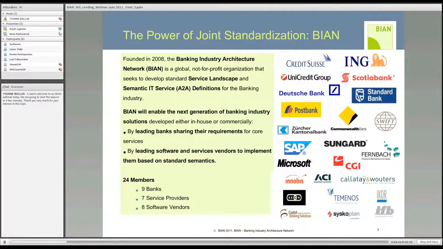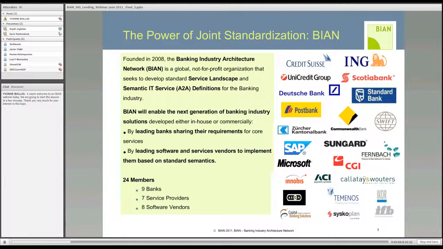And the main goal is really to come up with an open standard. So that's the vision. And the more and more banks and partners adopt this standard, the better, of course, because then it will enable the banks really to select packages on the market that are really built according to these common definitions.